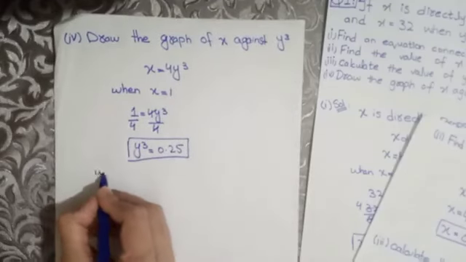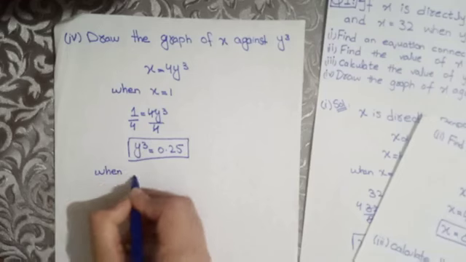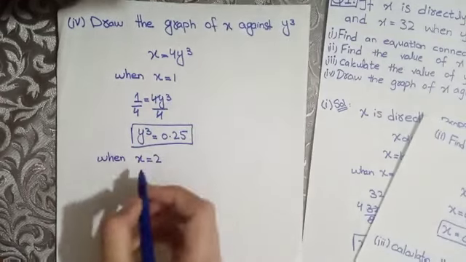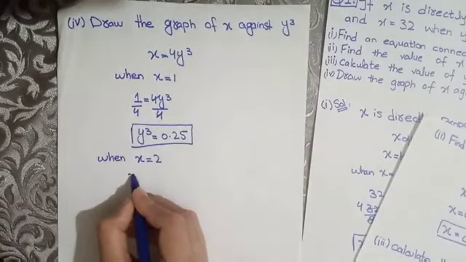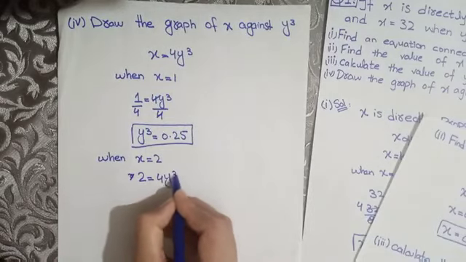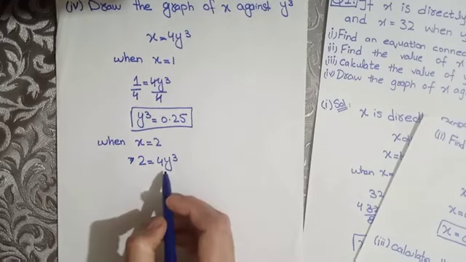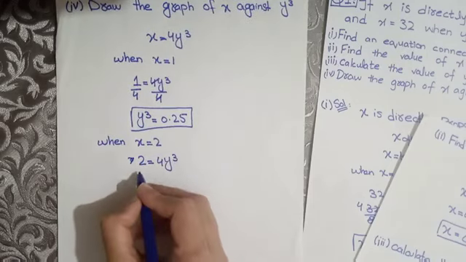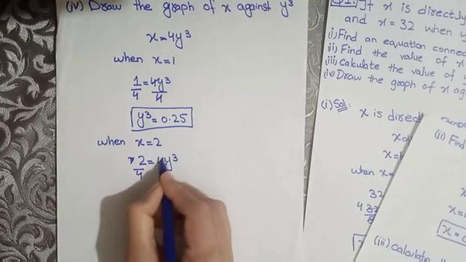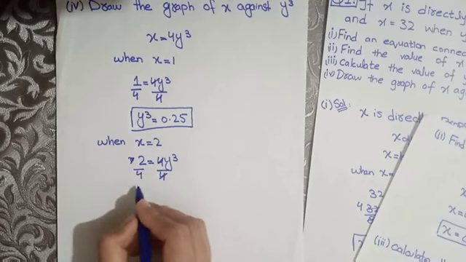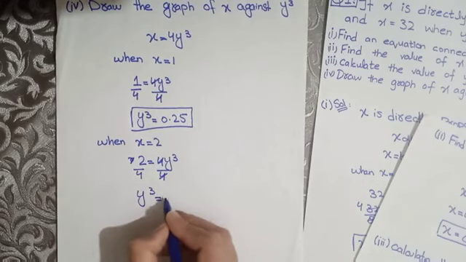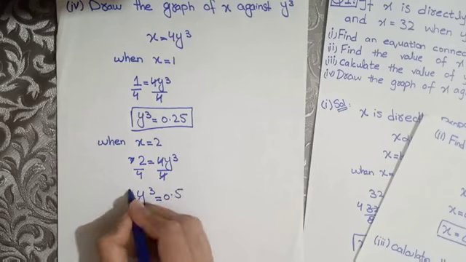When x is equal to 2, put the value of x in that equation. 2 is equal to 4 y cube. We find the value of y cube. We have to divide 4 on both sides. 4 cancels out. 2 divided by 4 is y cube is equal to 0.5.